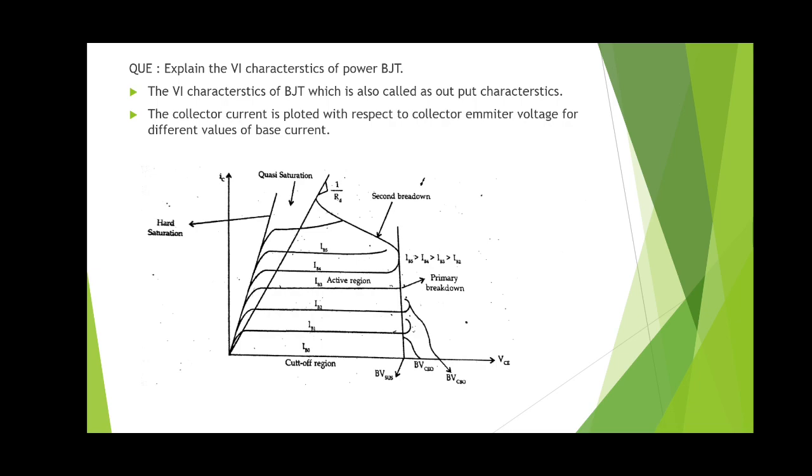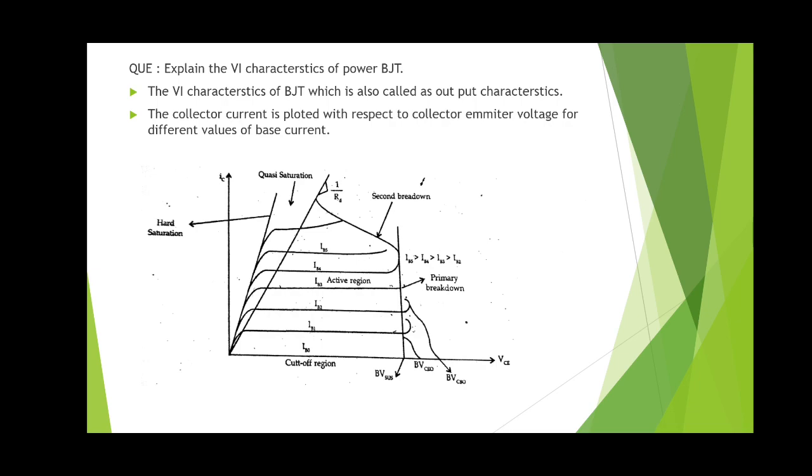The next question which is asked is about the VI characteristics of the BJT. So the question is asked, explain the VI characteristics of power BJT. So the output characteristics are plotted. When we consider the VI characteristics of BJT, we can see the graph or the plot of the VI characteristics.